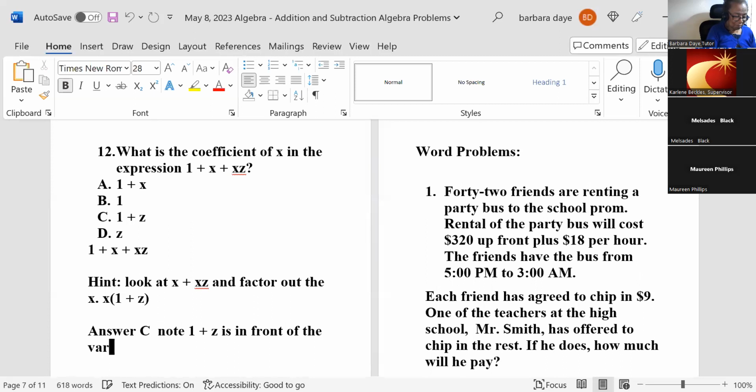Yeah, the letters are the variables, so x is the variable. Take that out and you leave 1 plus z. That's why C is the answer. Okay, Miss Barbara, we got that one. Thank you.